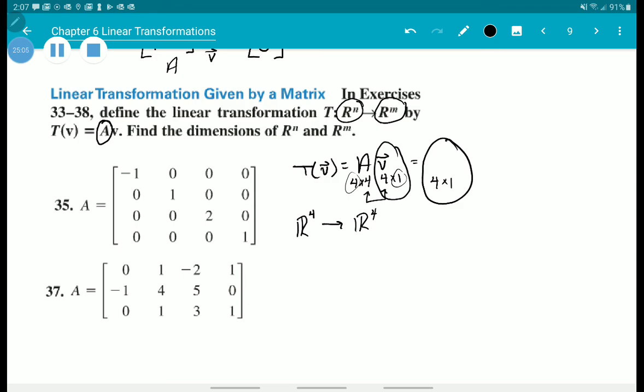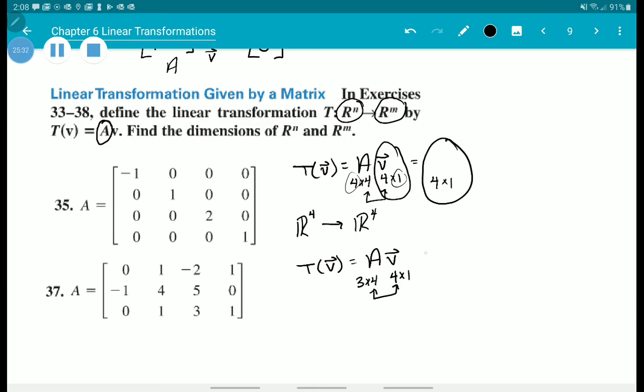Now let's look at 37. Same concept. I'm taking a transformation of V, and that's equal to this matrix times V. In this case, our matrix is a 3x4. So we have to think, what does V have to be so that this matrix multiplication is going to be defined? And you're right, this has to be a 4x1 matrix.